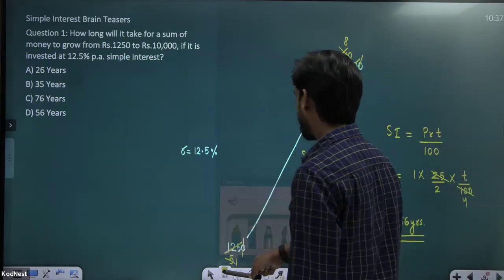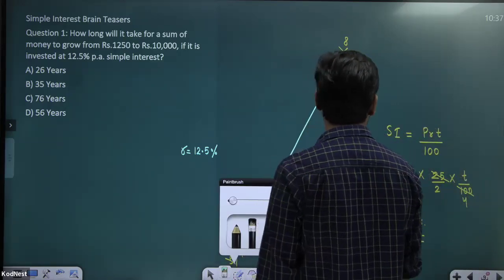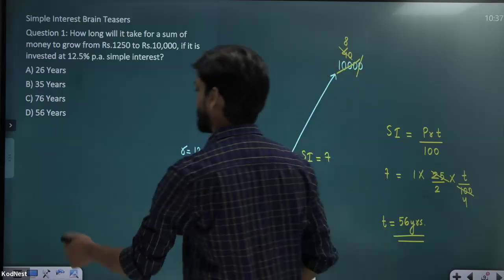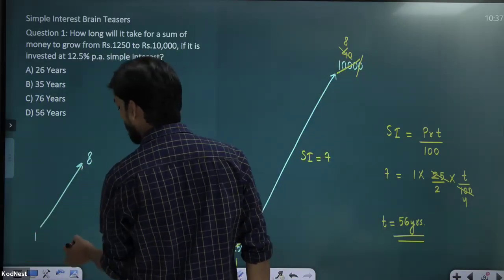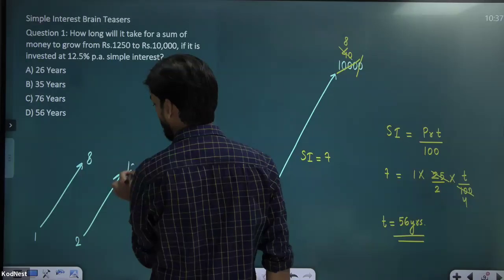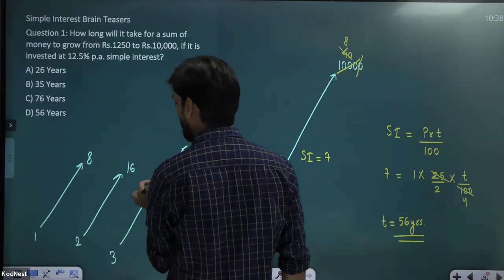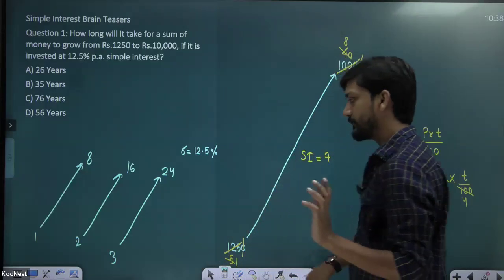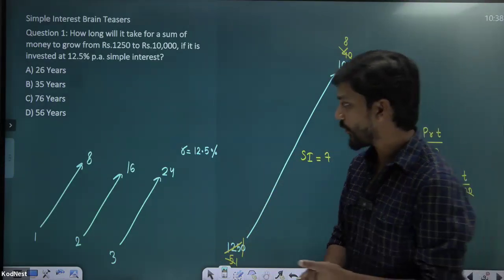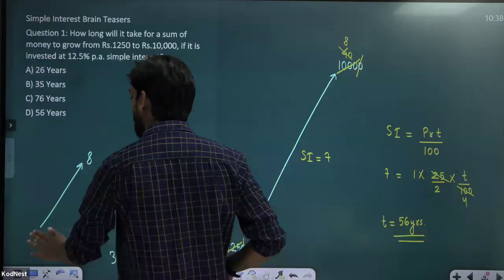Think of it this way. All right, 3 people are there. One person deposits 1 lakh rupees.